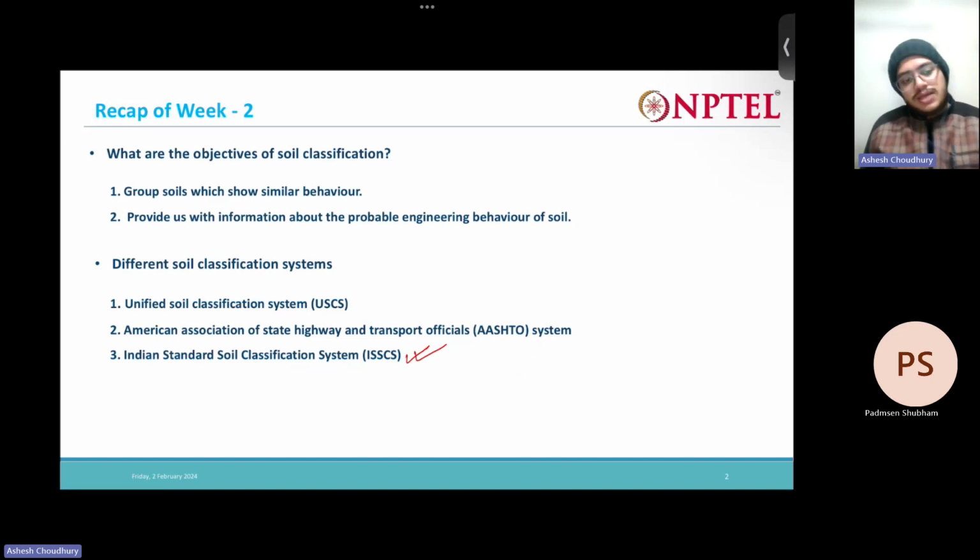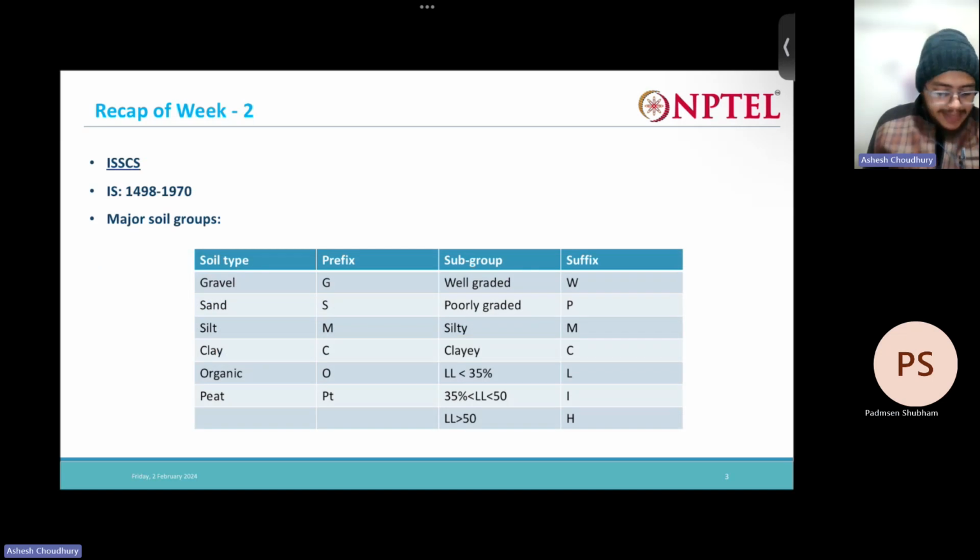Apart from that, we have the USCS, the Unified Soil Classification System, and we also have the ASR soil classification system, but we are going to focus only on the Indian system. It is detailed in IS 1498:1970, the IS code developed by the Bureau of Indian Standards that gives us the soil classification system.